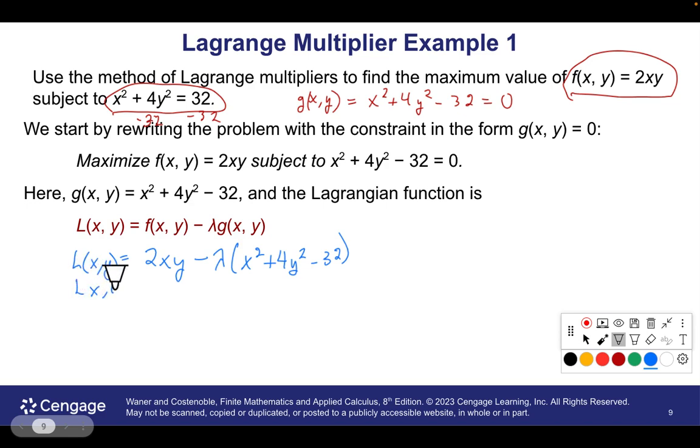L of x, y is equal to 2xy minus lambda x squared minus 4 lambda y squared plus 32 lambda. And again, lambda is a multiplier. It is a number, some kind of constant.